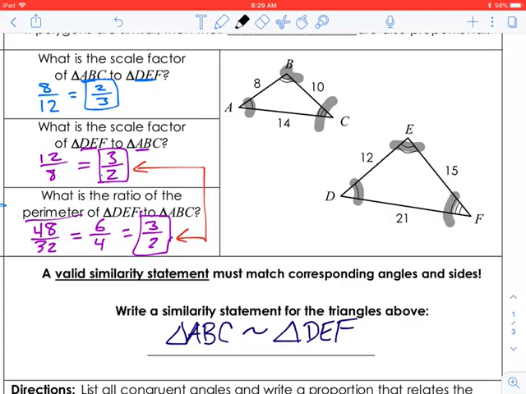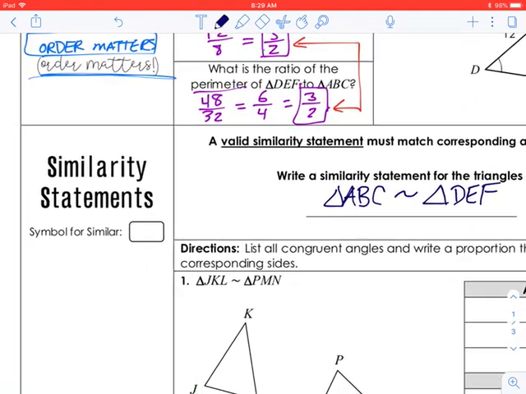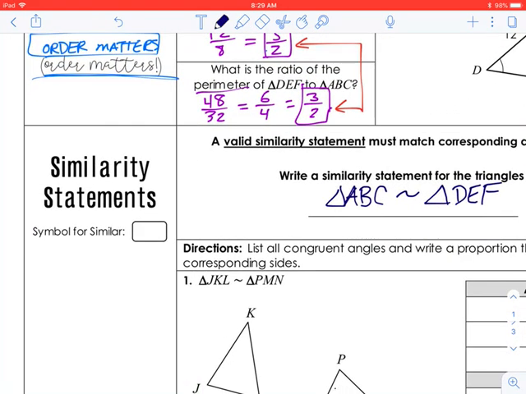So the order is very important when you're looking at the similarity statement. And that symbol I used is that little squiggly line, like what you would see over a congruent symbol. That's called a tilde. A lot of the times I'll just call it a squiggly though.